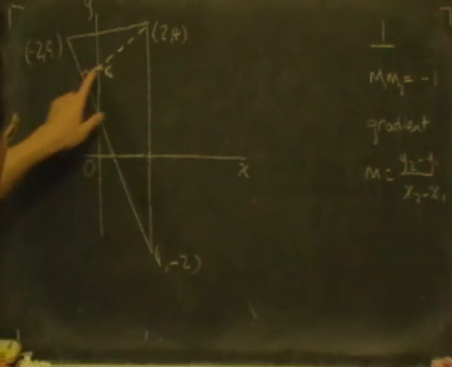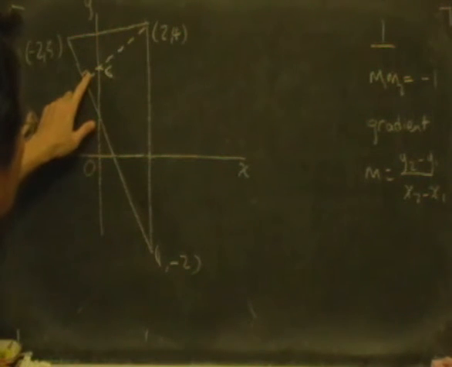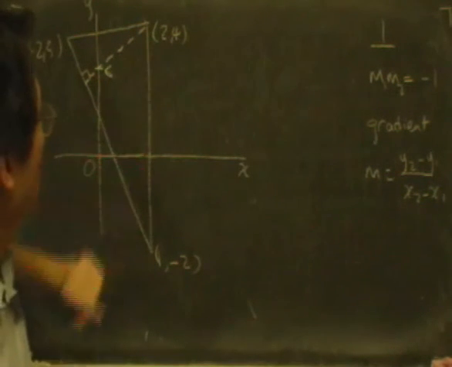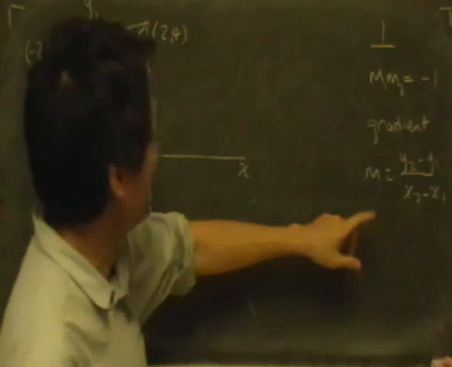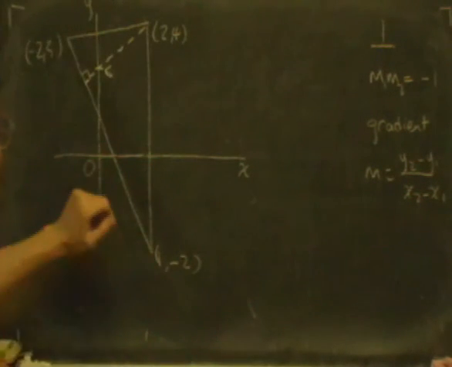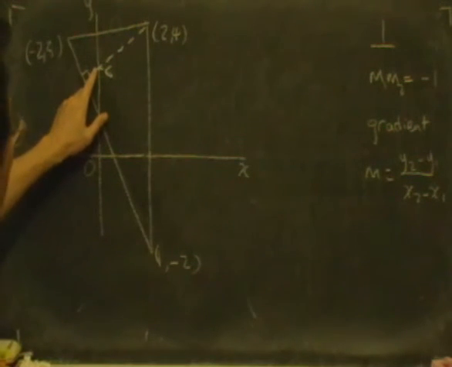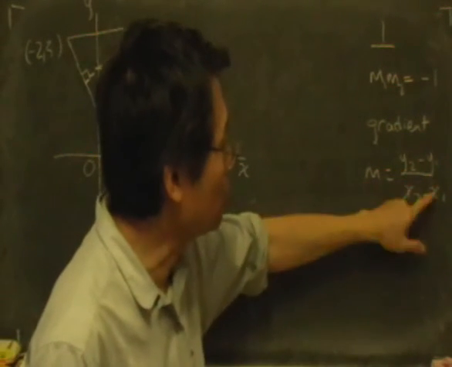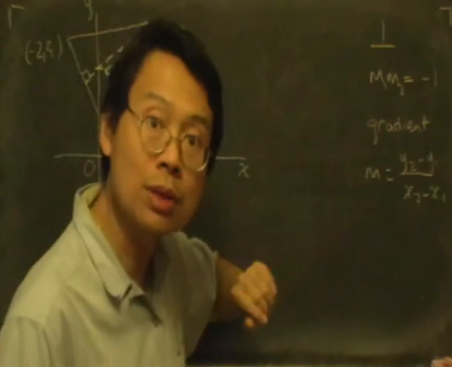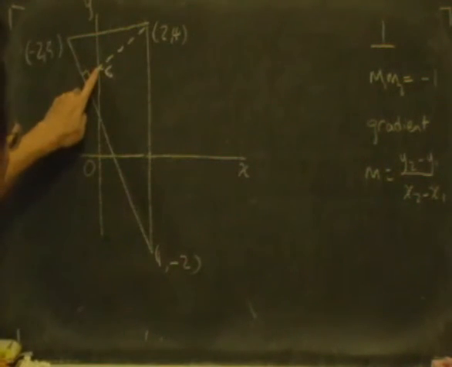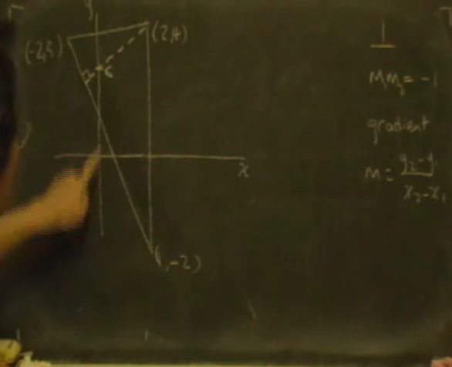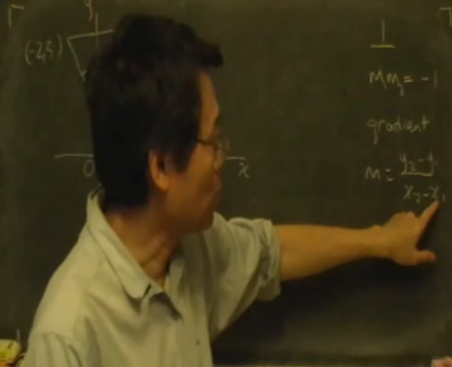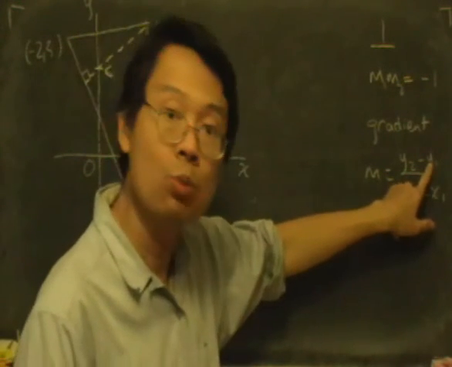So for this line, supposing that I've found the gradient, then I would know m, and I would know 1 point, that might be, say, x2, y2. And I want to find another point, which could be x1, y1. But then there are two unknowns, x1 and y1. I can't get two answers from one equation. But for that particular point, since it's on the y-axis, we know that x must be 0. So perhaps x1 is 0, and I'll just be left with finding y1.